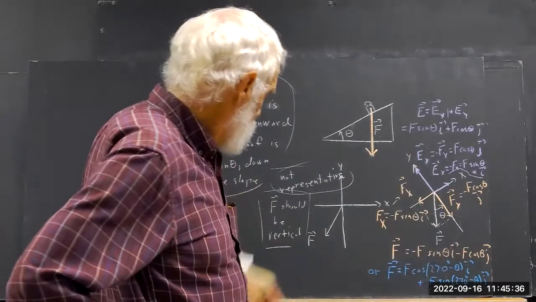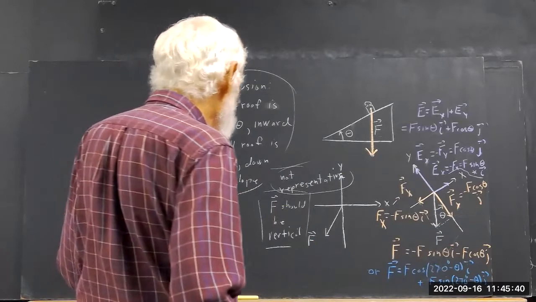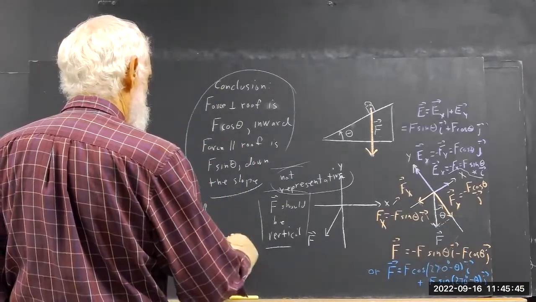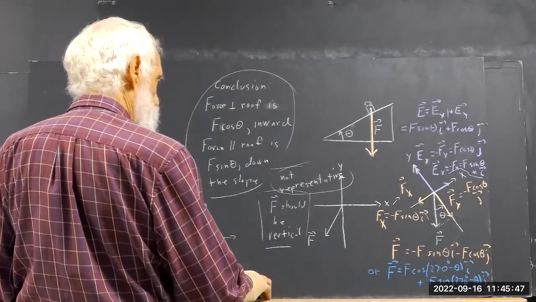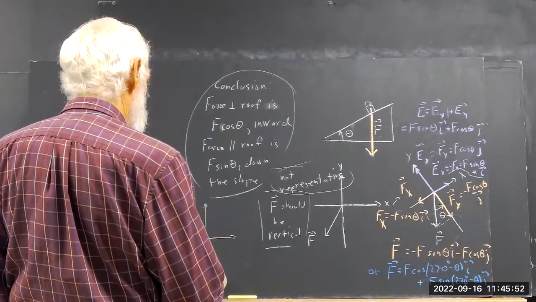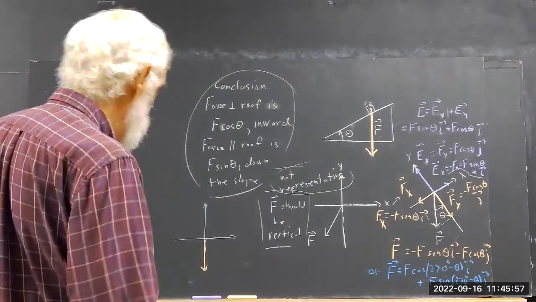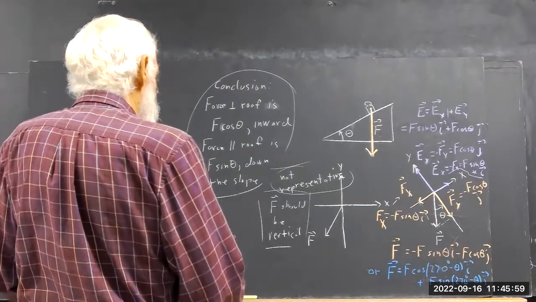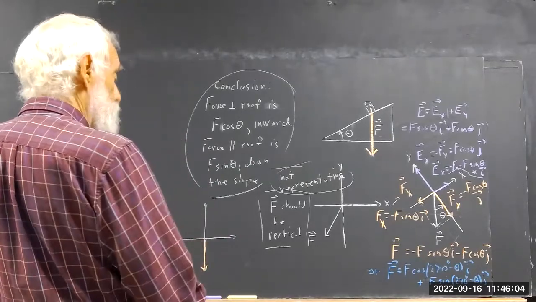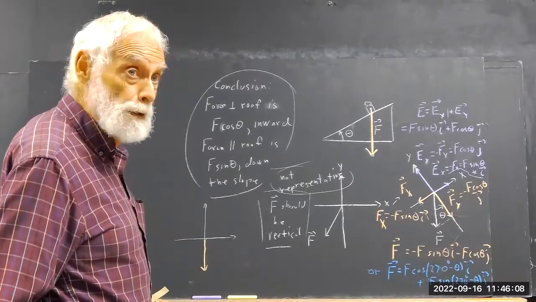If you wanted to use axes like this, then your F would be straight out. But the components of this vector are just negative F in the J direction, that's just negative F j, right?